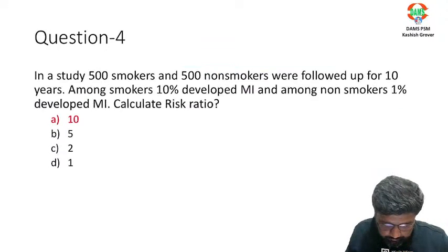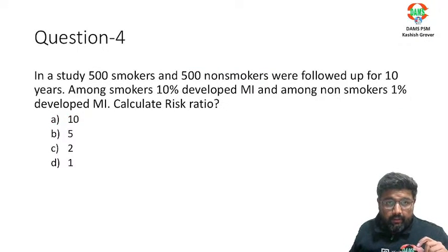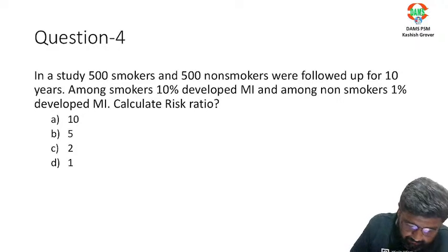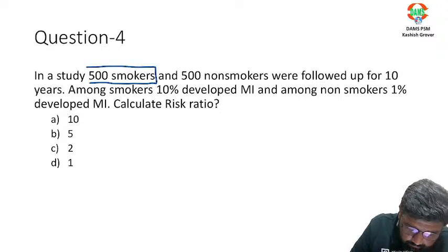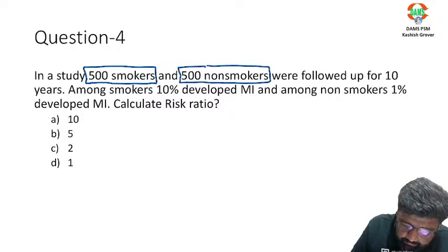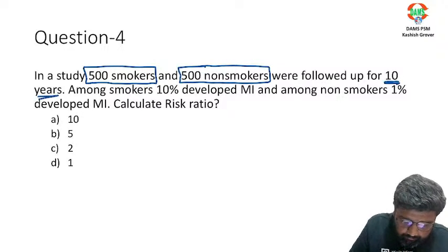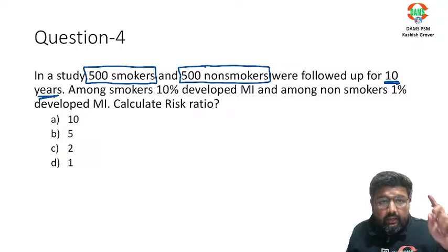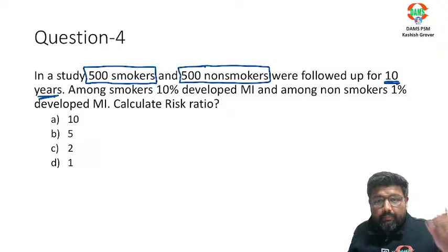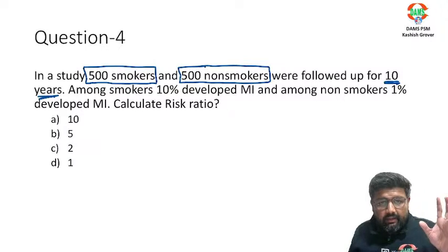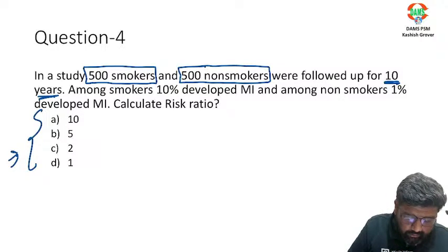Now, coming to next one. In a study, we have 500 smokers and 500 non-smokers. And we followed them for 10 years. Quickly in the chat box, which study is this? About this question, I'll talk later.